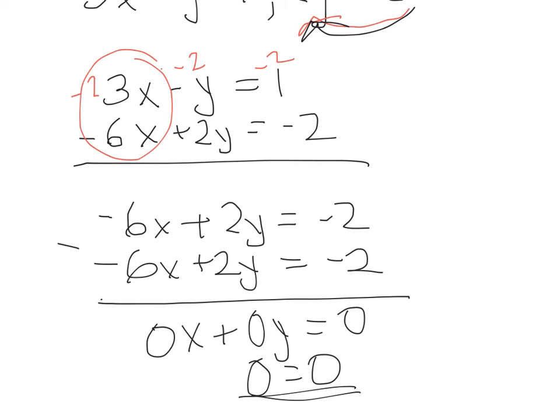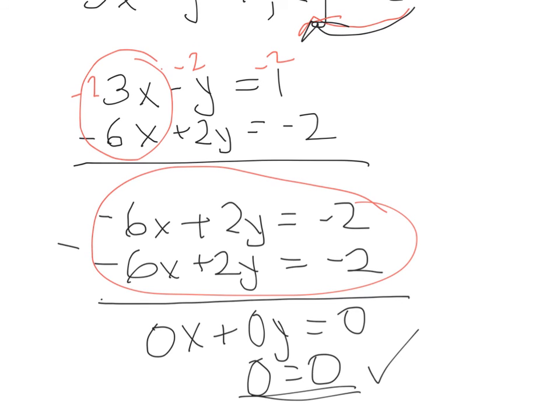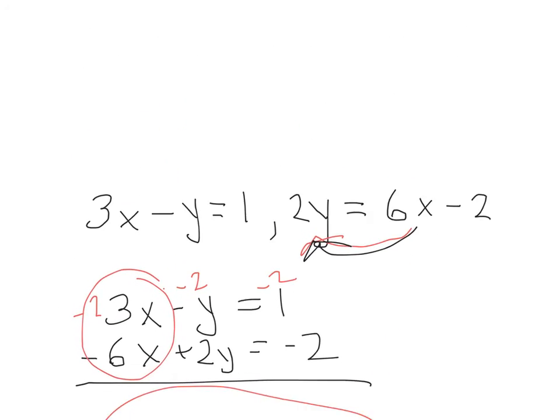That sort of is an error, but in another way. Instead of getting something like 0 equals 9, that's always false, now we have something that's always true. And that means that every point is a point of intersection, every point on that line. And these two lines are exactly the same. And once I did that matching up, I could see that both lines were indeed exactly the same.